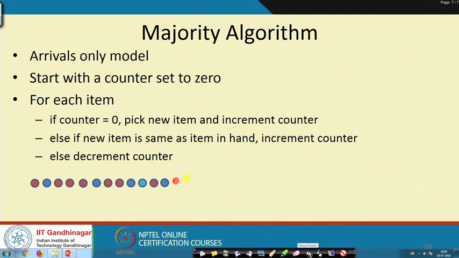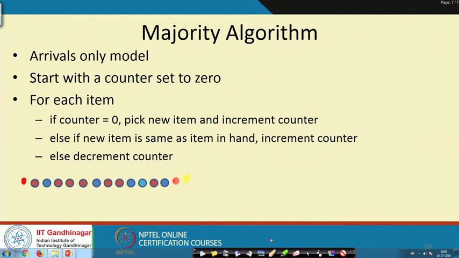So now the question is, is there a majority? Just to make sure that there is a strict majority, I am putting in a few more reds. So now the question is, is there a sublinear solution to the problem of picking a majority item?